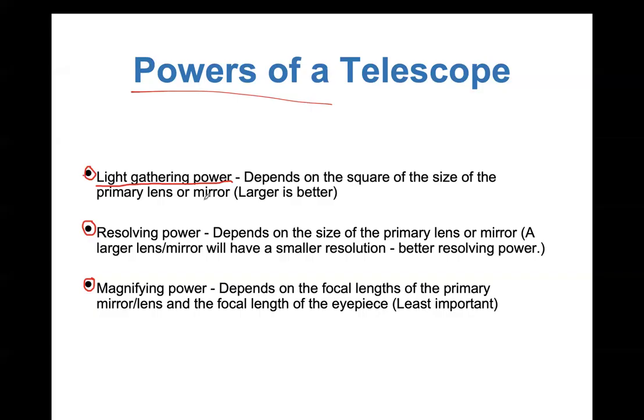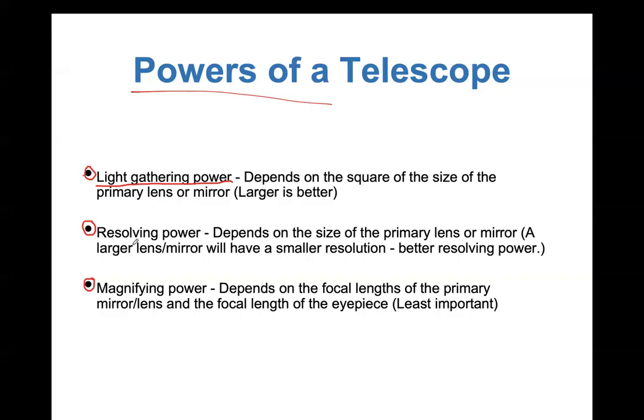That's the primary goal of telescopes, because the other aspects of optics are fairly limited when it comes to telescopes. I'll try to explain that with the next two powers, without giving you a whole course on optics, and tell you why that is.